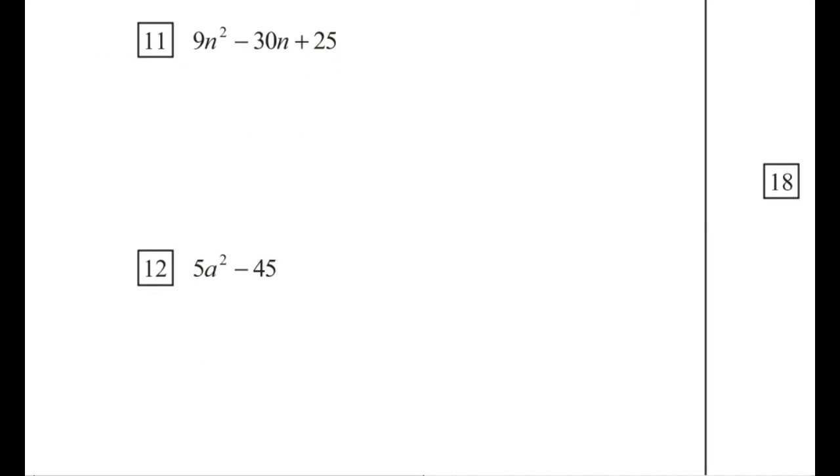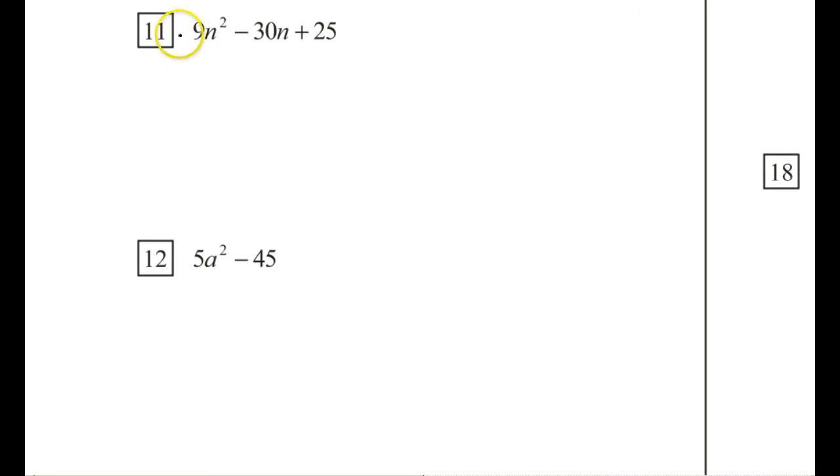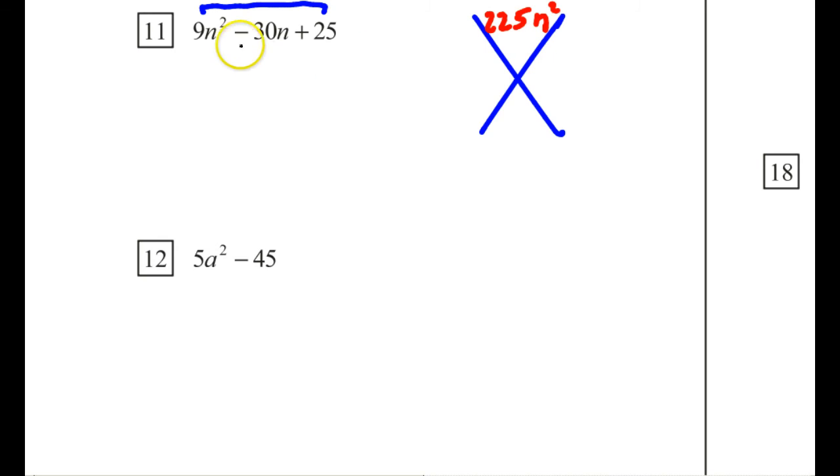Down to 11. Let's see here. Any GCF, anything going into 9, 30, and 25? Doesn't look like it. So we can say what multiplies to this? A times C. So 9 times 25 would be 225n squared, and adds to negative 30n.